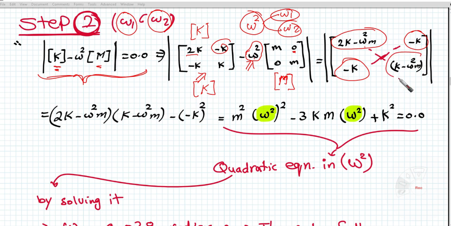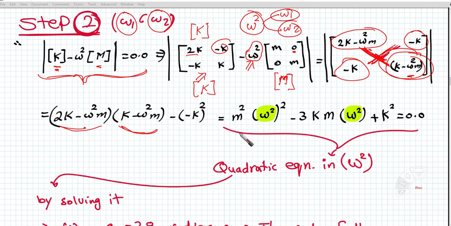And this element is going to be k minus omega squared m. The determinant of this matrix is obtained by multiplying the diagonals and subtracting. So we have 2k minus omega squared m times k minus omega squared m, minus k to the power 2.